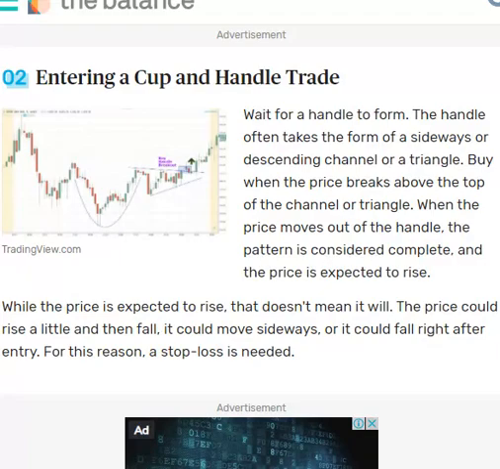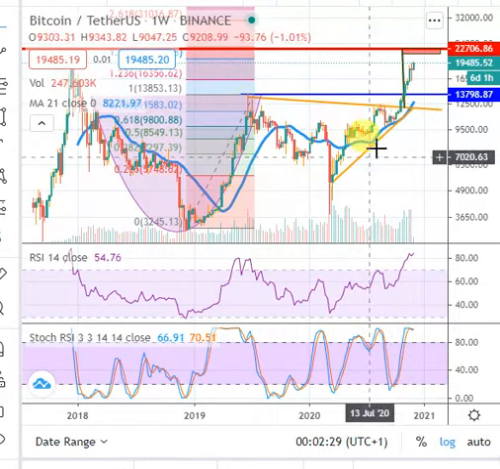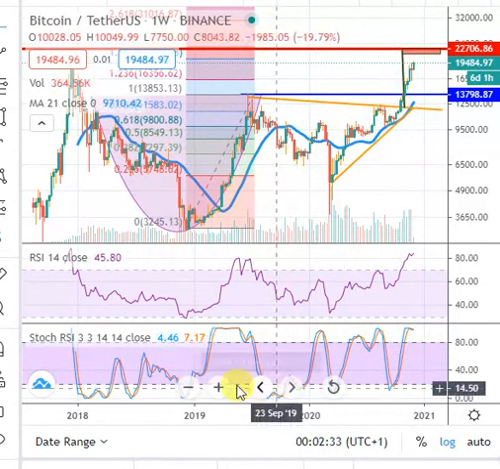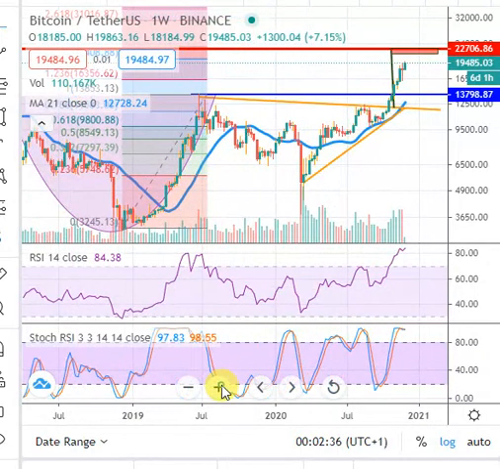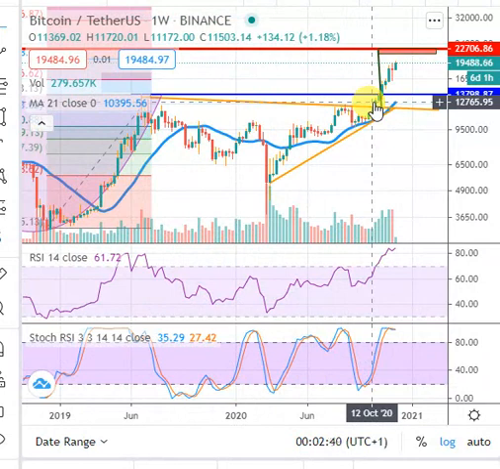So in this case, do we have the same? After this triangle, we can see a push up here. After this breakout of the triangle, it is expected that the price has completed its move.